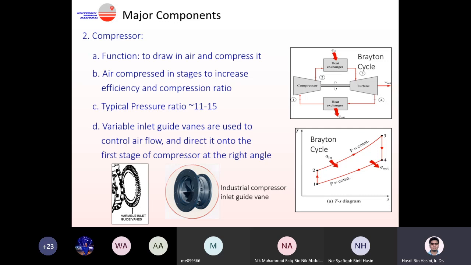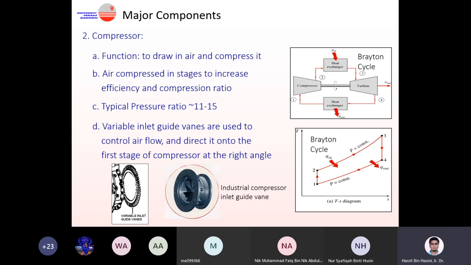That's why if you look at the configuration of a compressor, the compressor is longer, to accommodate the many stages of blades, as compared to the turbine stage, which is shorter. The only reason is that you have to compress the air slowly.